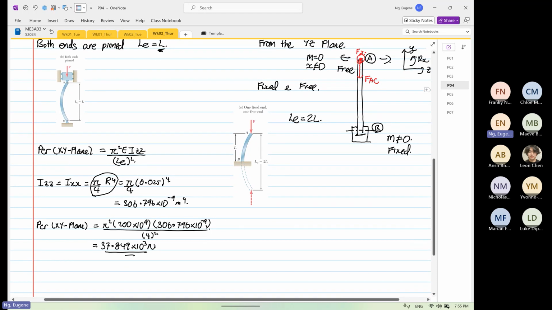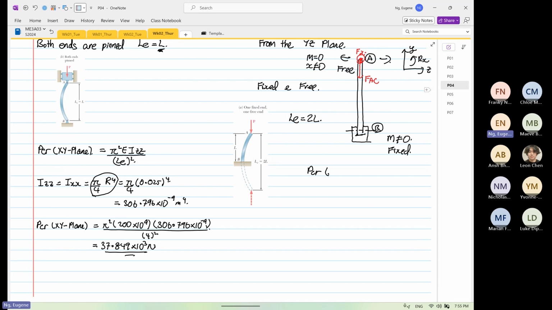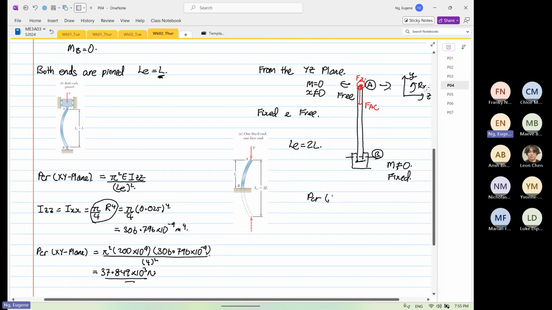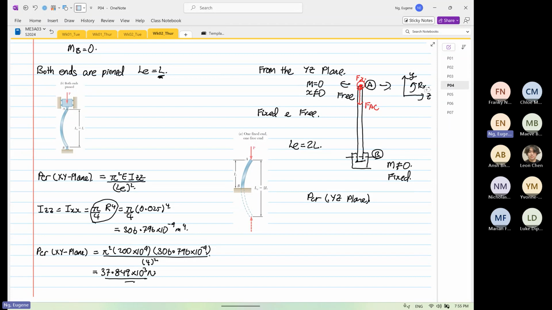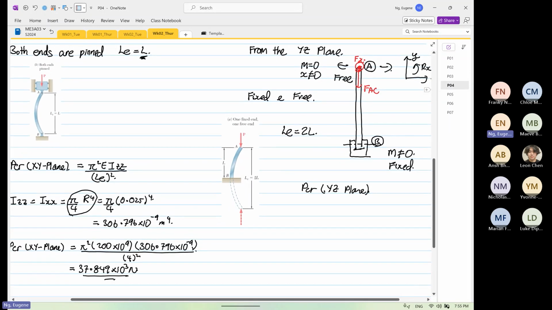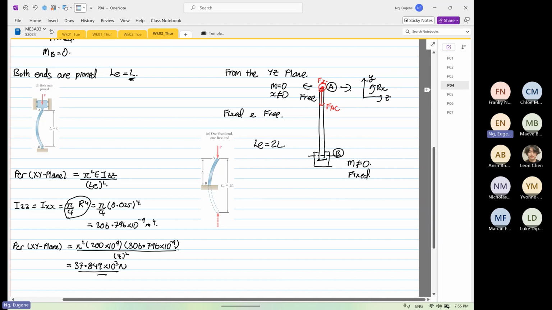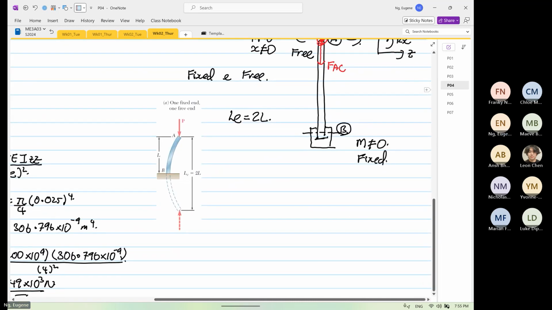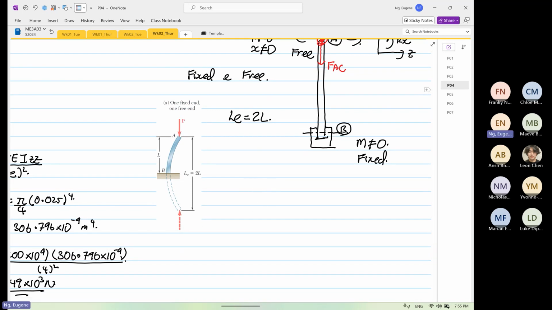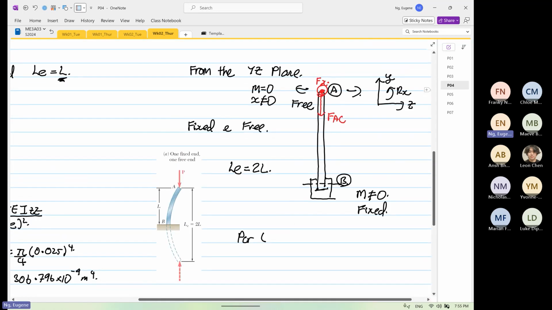Then the next one, we're going to calculate the PCR, and the PCR we're going to consider is on your YZ plane. So we have our PCR on this plane, known as the YZ plane.